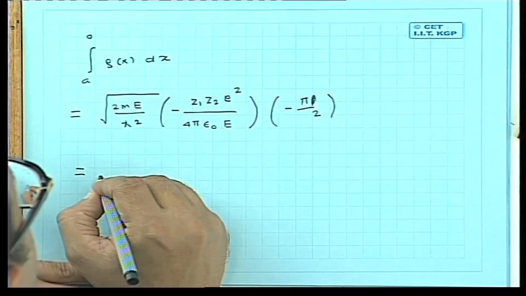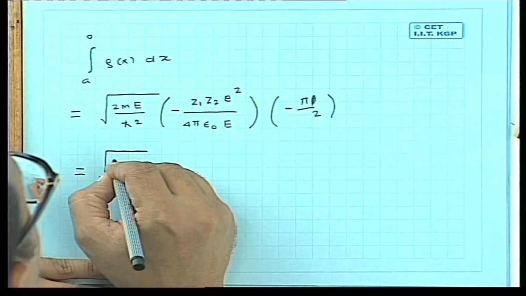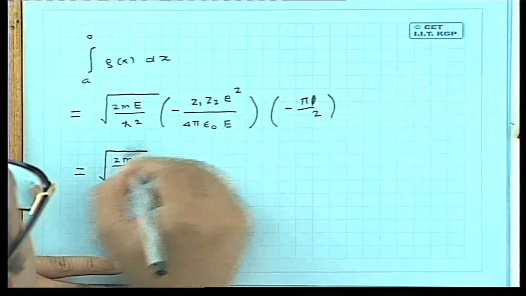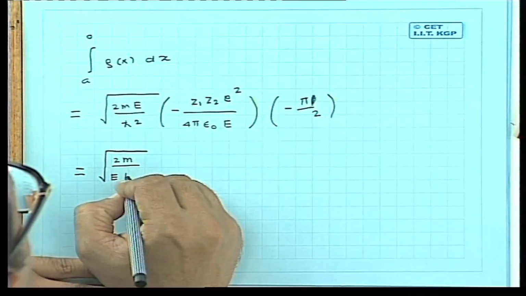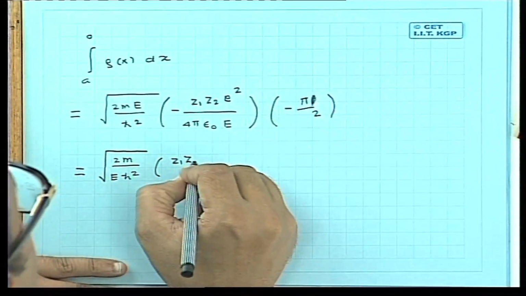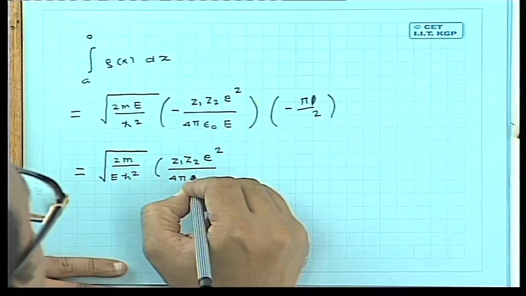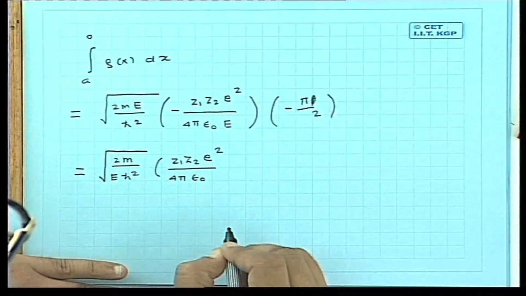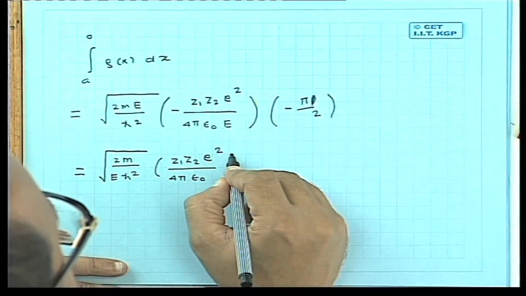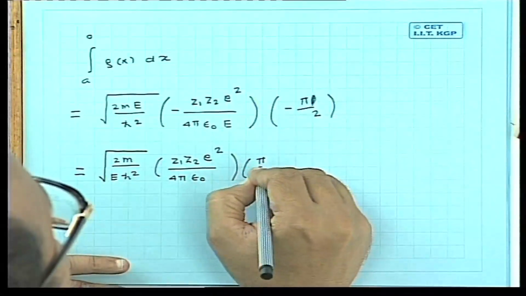So what I have here is square root of 2m by e, h cross square into z1 z2 e square by 4 pi epsilon naught, into, we can leave this pi over here, pi by 2.